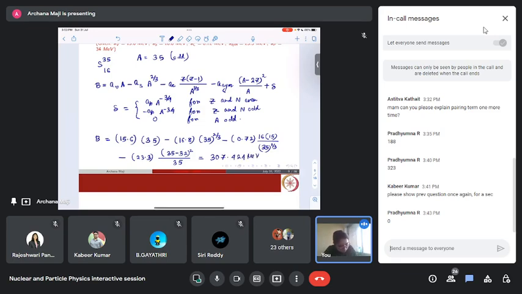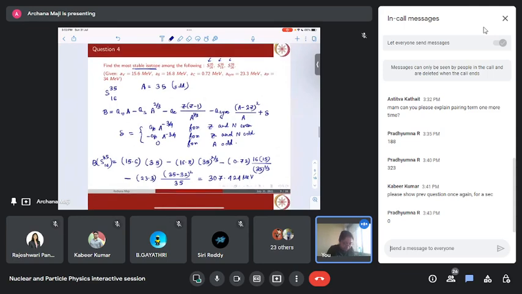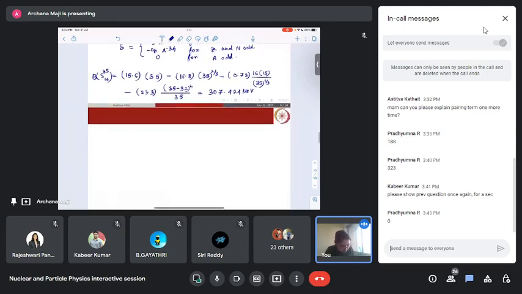Okay, so this is the binding energy of S3516. Now we need to find out the binding energy per nucleon. Let me first write down the binding energy for the other two isotopes.